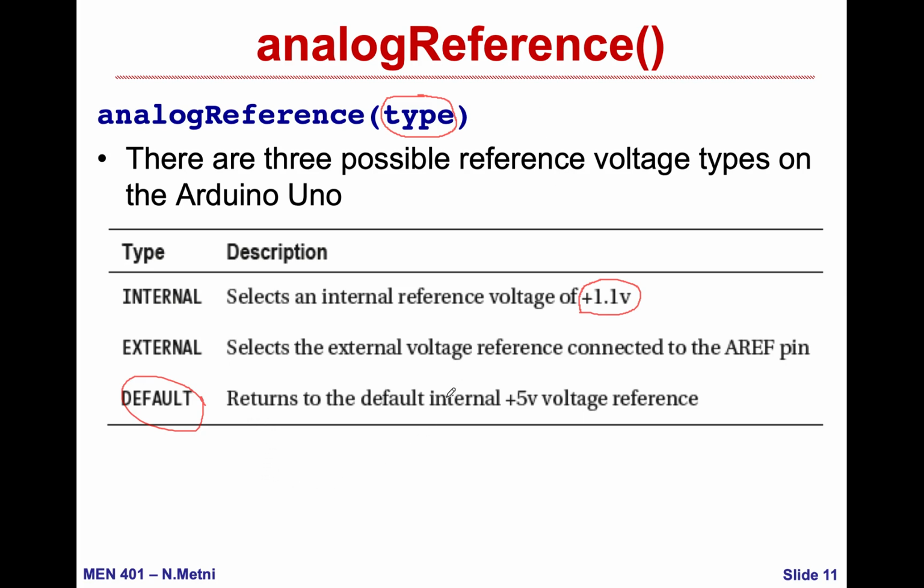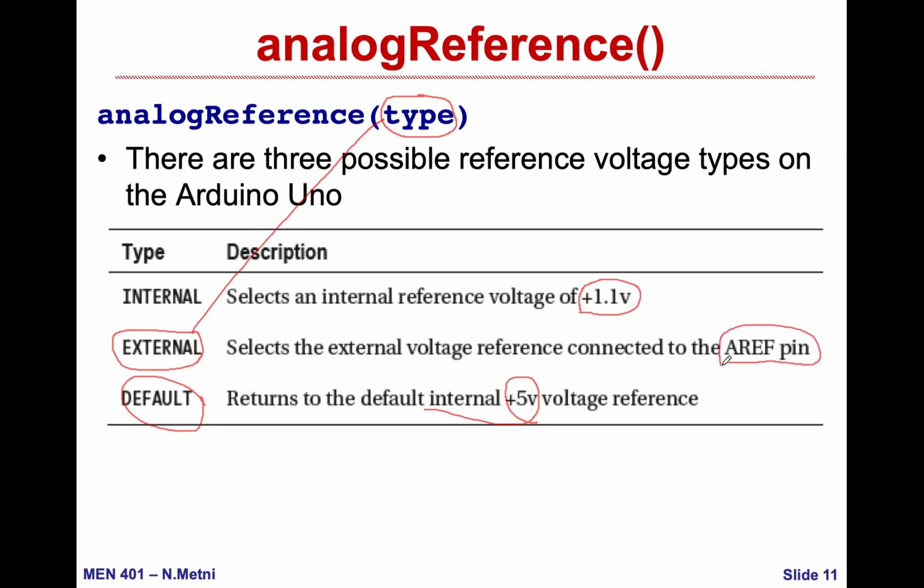It takes the 5 volt as the voltage high. But maybe I need 3.8, 3.9. You can have this option by setting analog reference to external, and putting the value of voltage that you want on what we call the AREF pin.